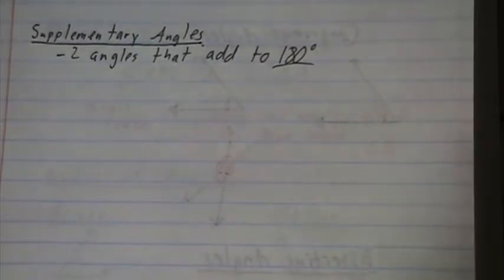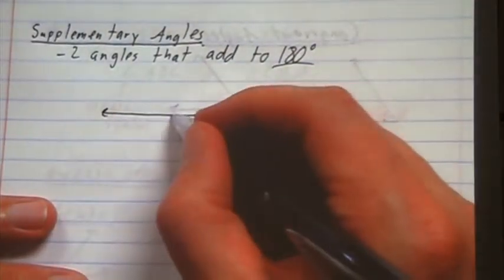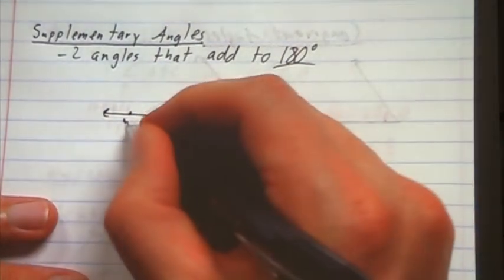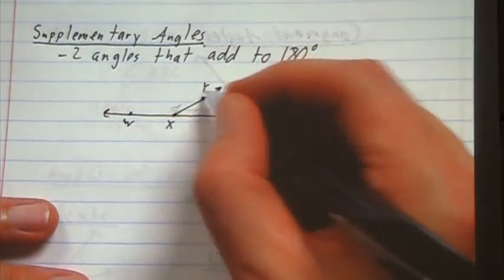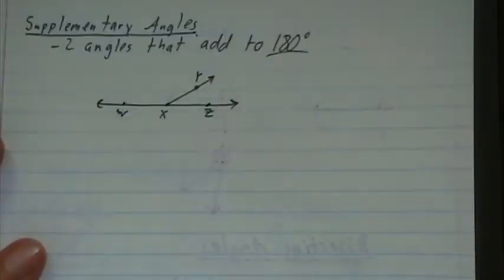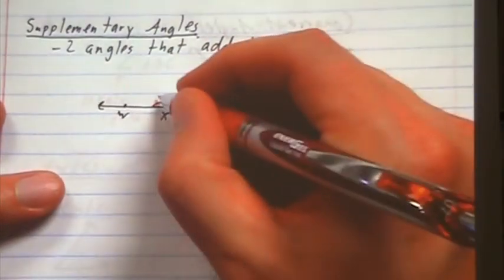And if you remember from yesterday, that is a straight angle. So these are two angles that combine to form a straight line. Looks like this. And the whole deal is 180 degrees.